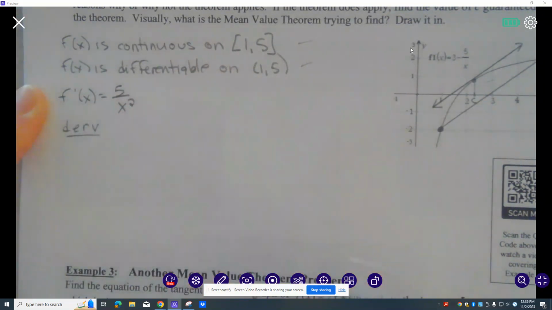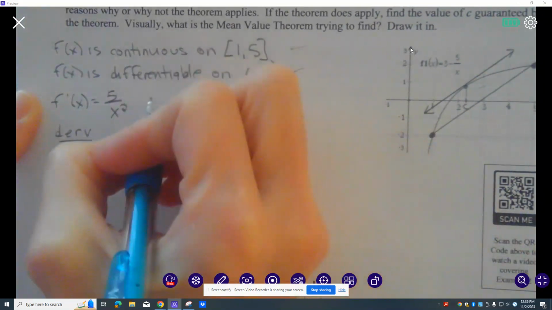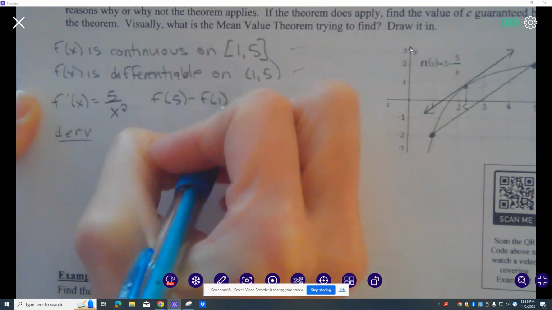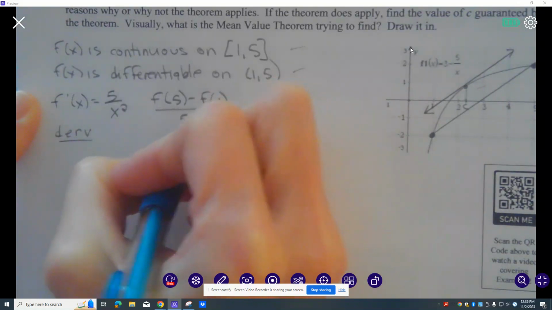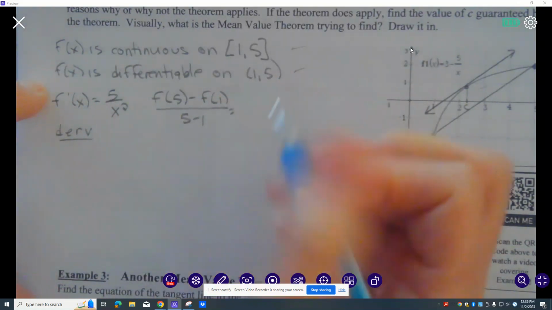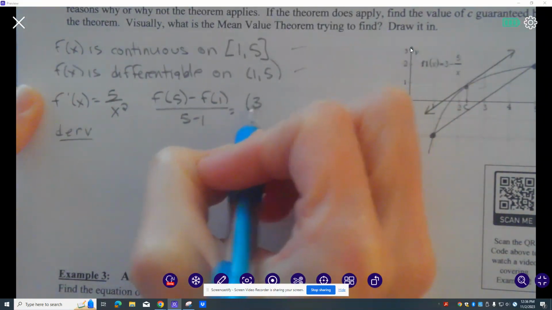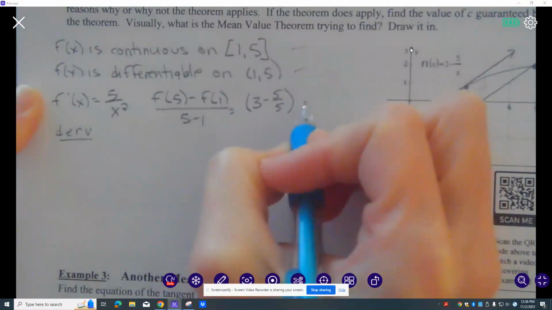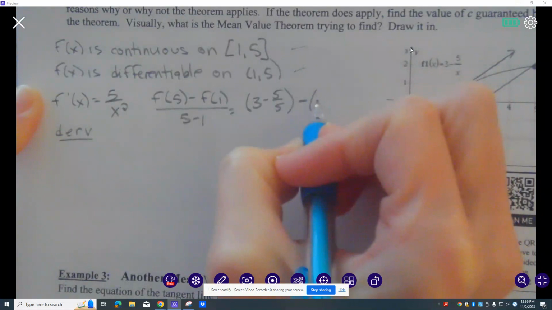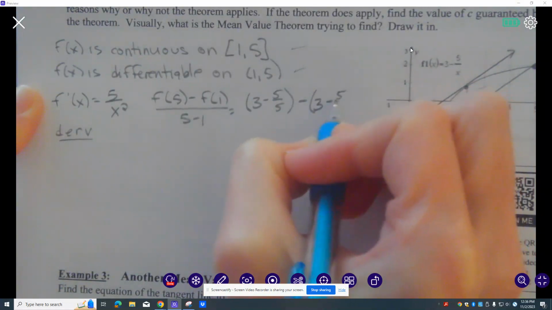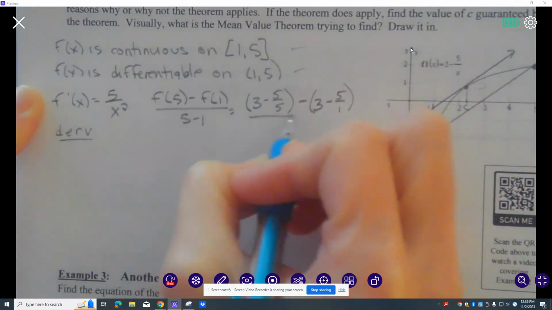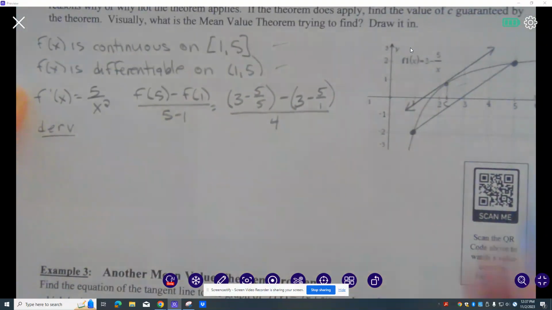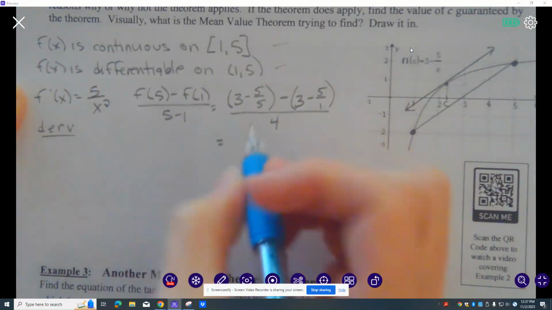Now let's find algebra 1 slope, which is going to be f of 5 minus f of 1 all over 5 minus 1. F of 5 will be 3 minus 5 divided by 5. F of 1 will be 3 minus 5 divided by 1, all over 4. Ooh, kind of running out of room here. I'm going to go down.